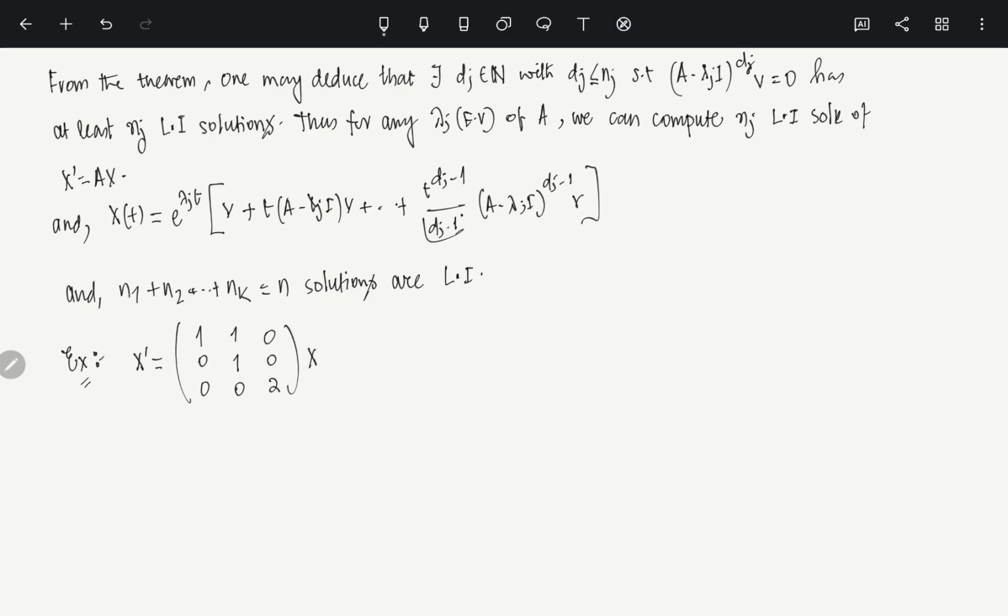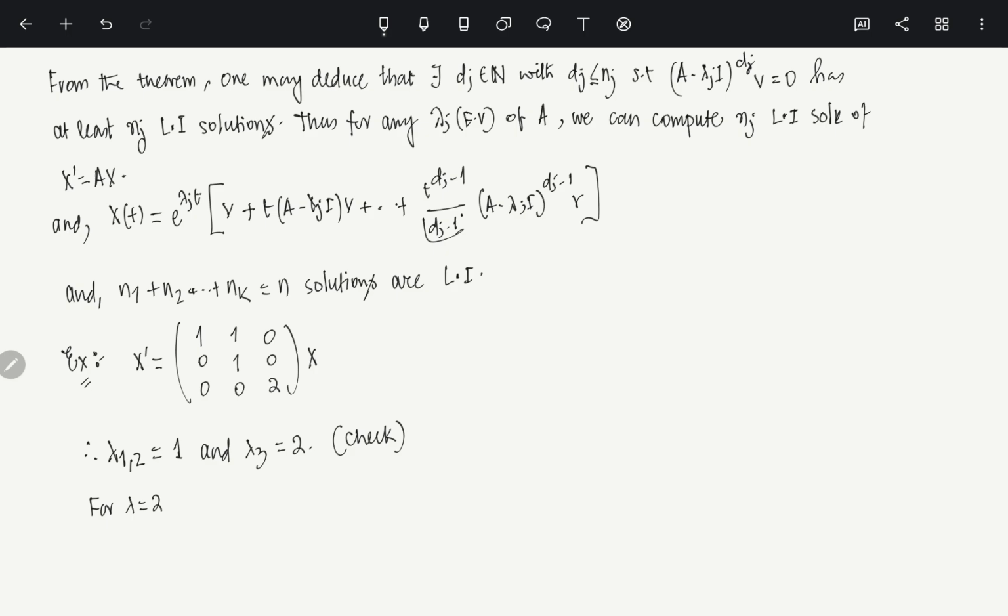If you solve the characteristic polynomial, the eigenvalues you are going to get are lambda 1 equals 1, repeated, and lambda 3 equals 2. You can check this part, so please go on and check this. First of all, for lambda equals 2, this is just a distinct eigenvalue, so let us find the eigenvector.